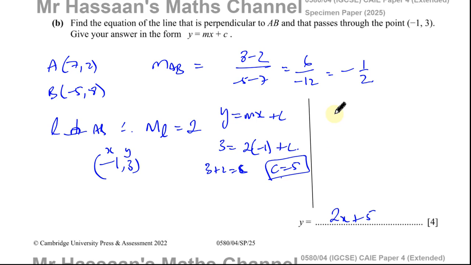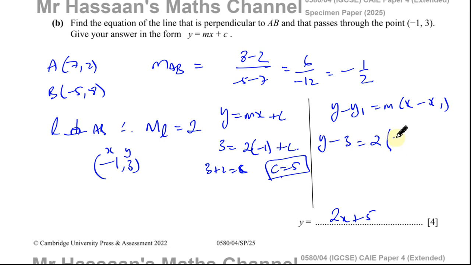As I said, there's another method that we can use, which I try to encourage my students to use: y minus y1 equals m times x minus x1. You have y minus the y coordinate of the point that we're using, which is 3, equals m, which is the gradient of the line, which is 2.